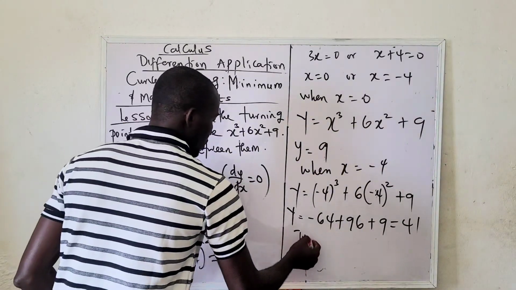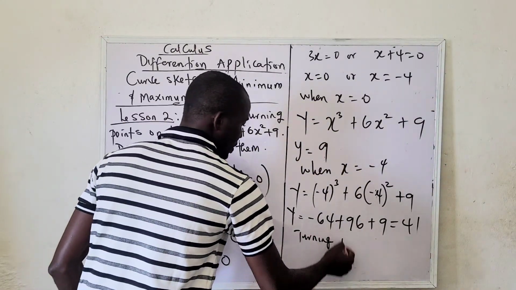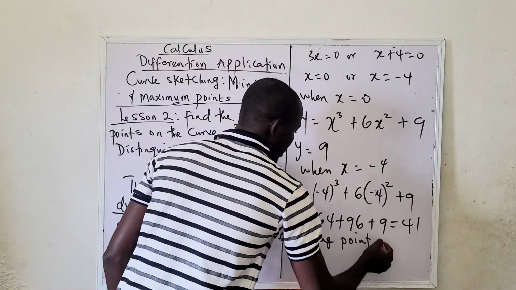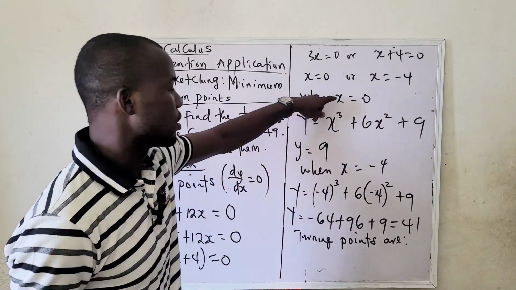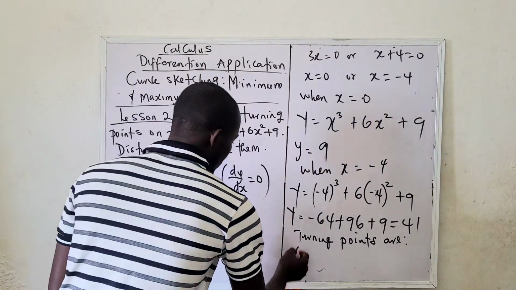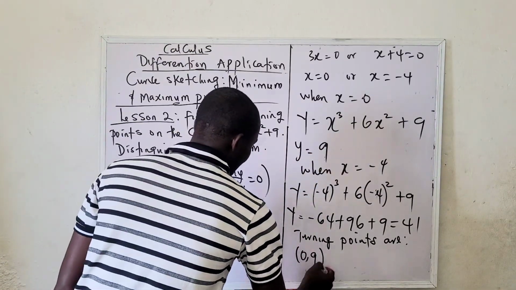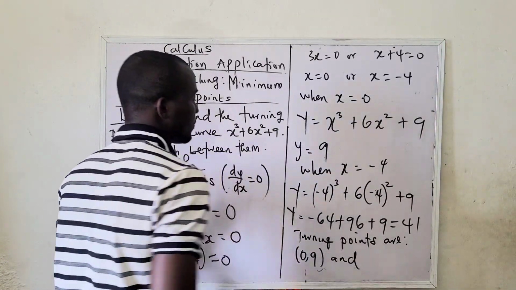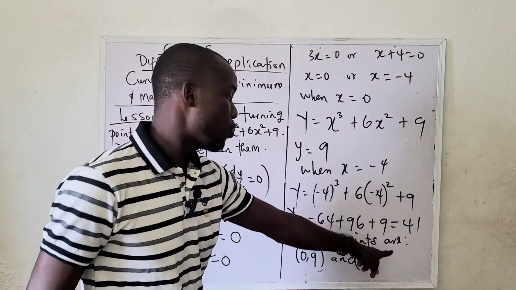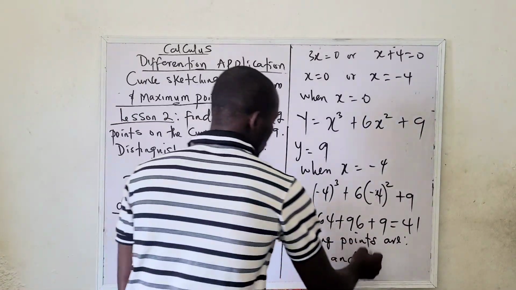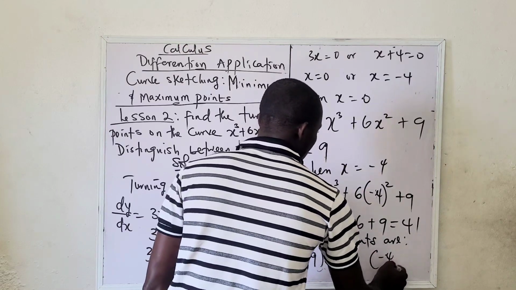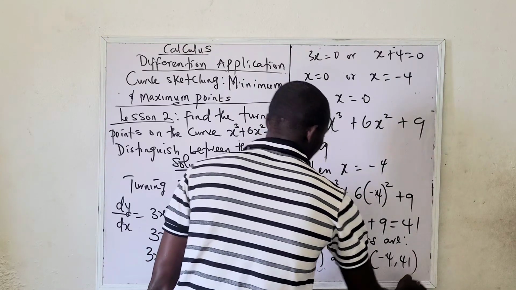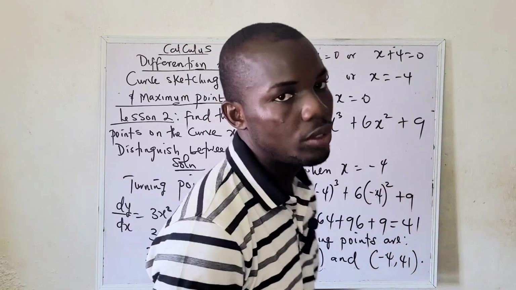So the turning points are: when x was 0, y was 9, so we have (0, 9). And when x was -4, y was 41, so we have (-4, 41).